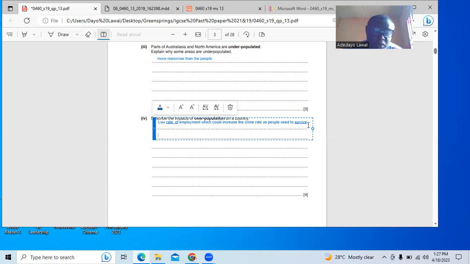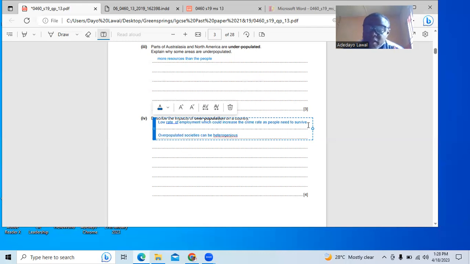Let me talk about something positive. So one positive thing I can say is that overpopulated societies can be heterogeneous. What does heterogeneous mean?